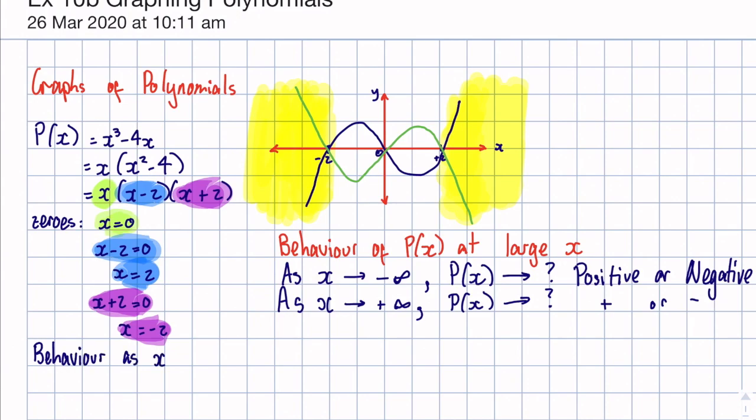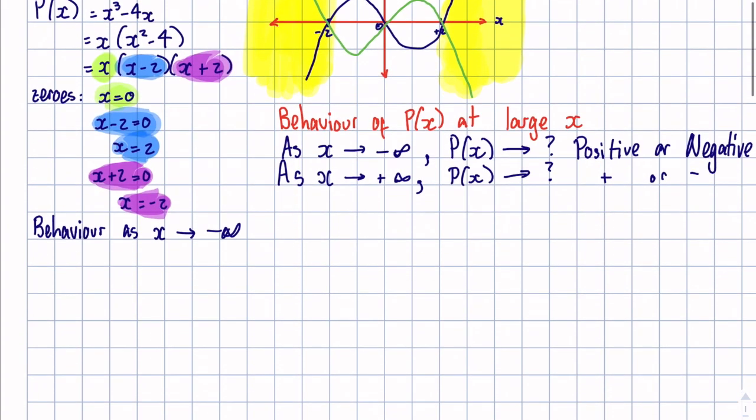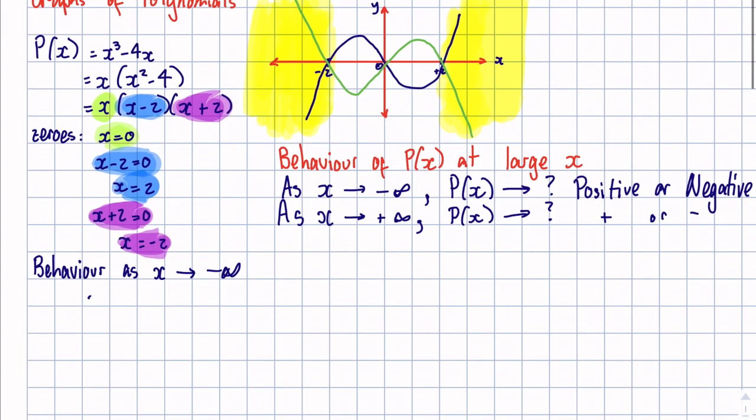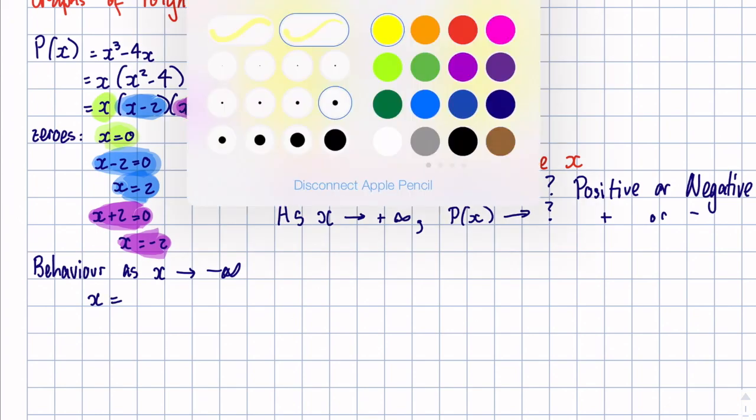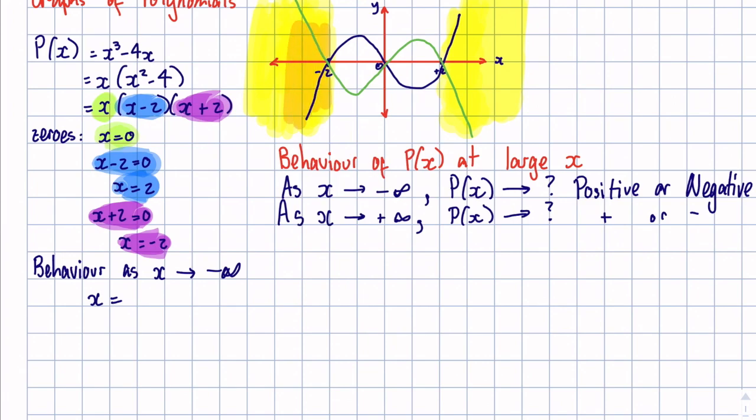as x tends to, well, let's look at negative infinity. So let's just say x equals, well, we're looking for anything pretty much less than negative 2, yeah? So if x equals negative 5, I've just gone with negative 5 because I know that's less than negative 2. That's less than my last 0 on the left. P of x was p of negative 5. We're chucking negative 5 in.